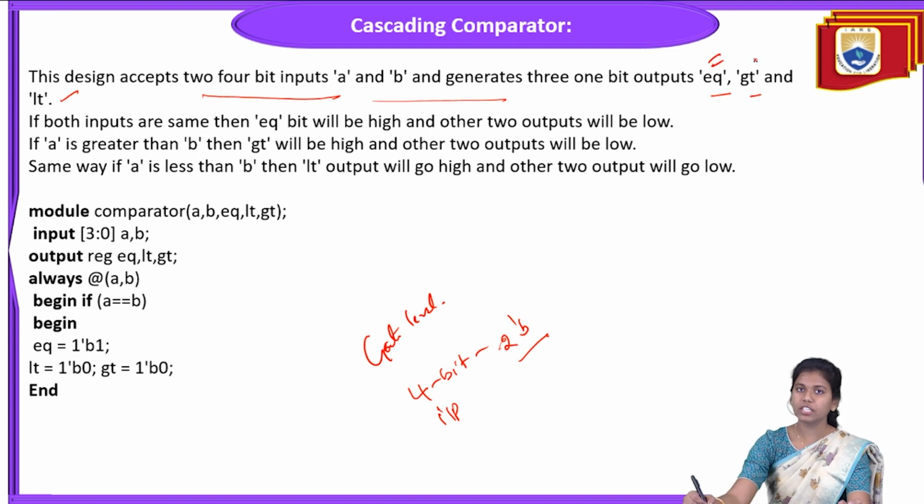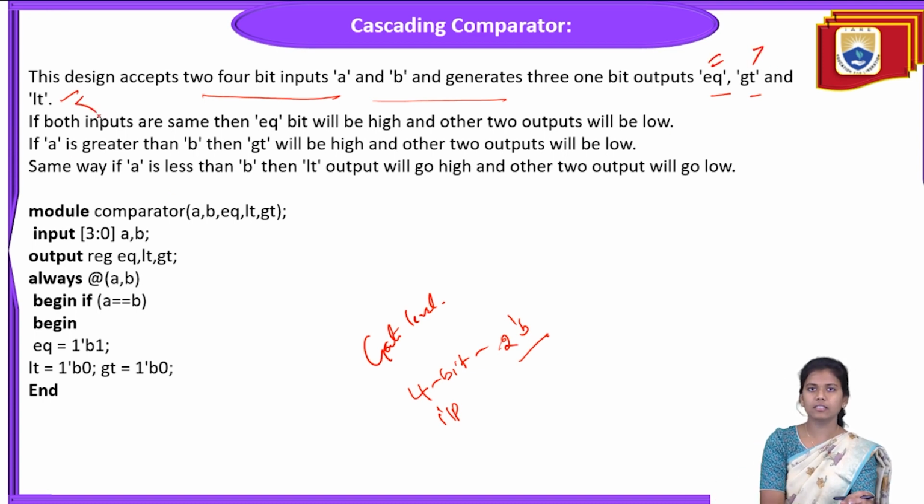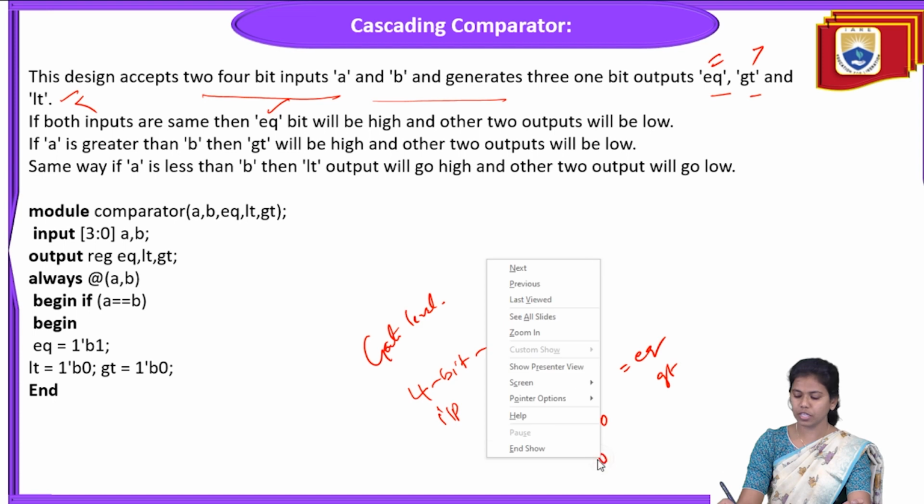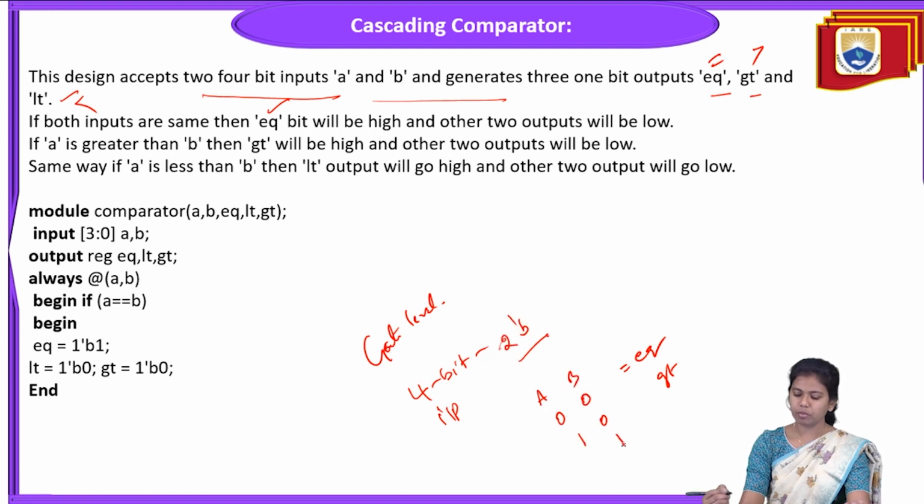If both inputs are the same, then equal. If A is 1 and B is 0, it is greater than. If A is 0 and B is 1, it is less than.